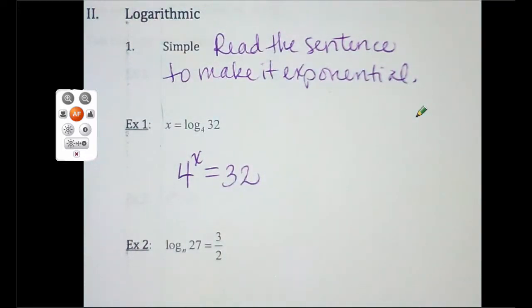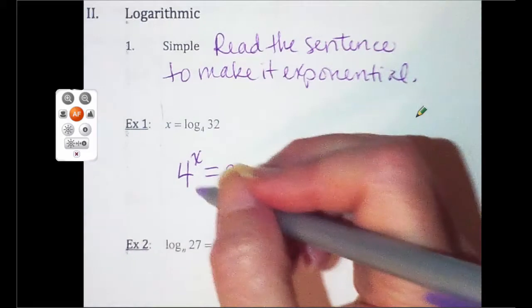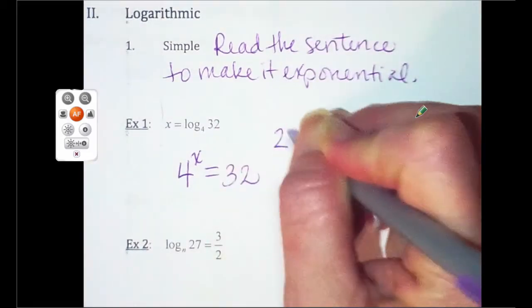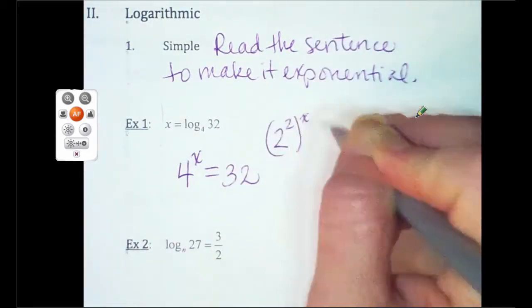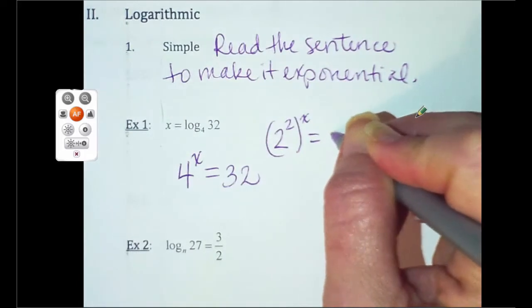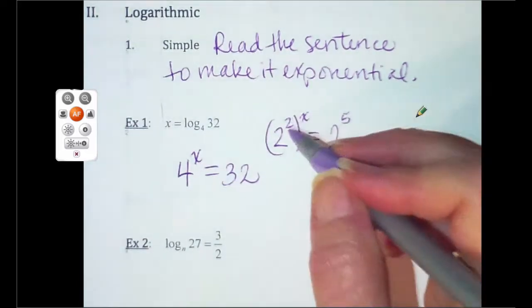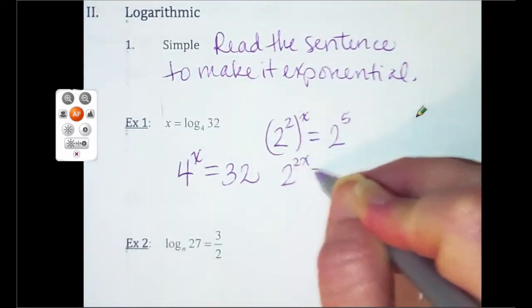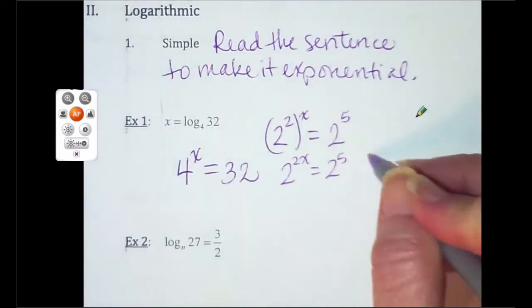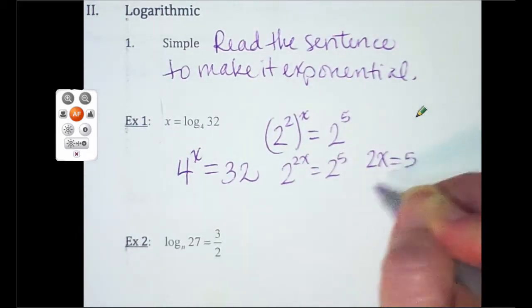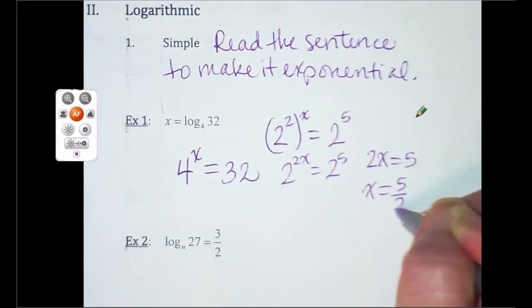Well, I don't know, but we can get like bases now. 4 is a base 2 number. 2 squared is 4. 32 is a base 2 number, 2 to the 5th. So I have 2 to the 2x equals 2 to the 5th. Set your exponents equal to each other. x is 5/2.